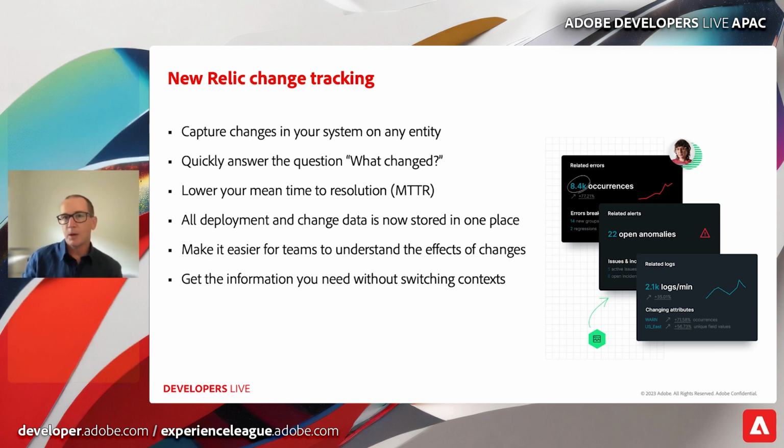So that in context part is quite important, because previously the way that we would do this is as we were made aware of some performance decrease or impact that we might need to look into.